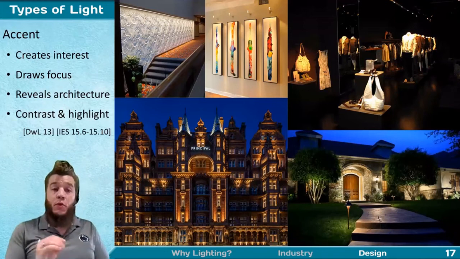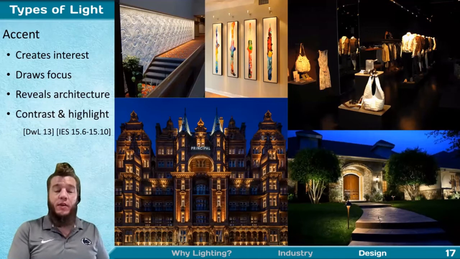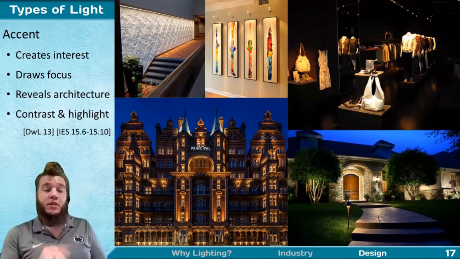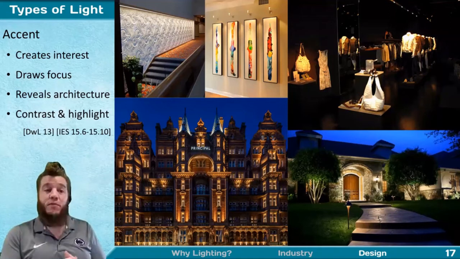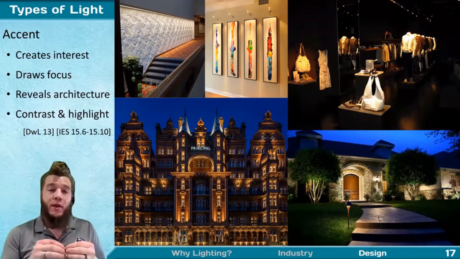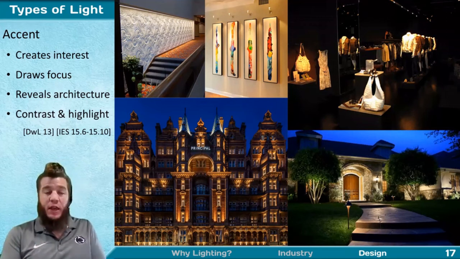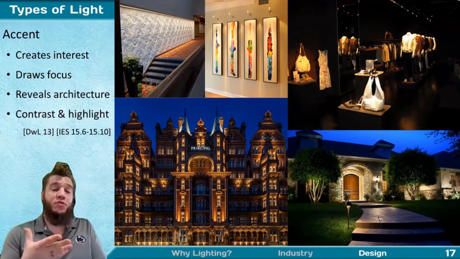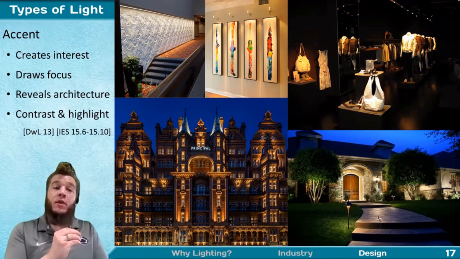The third type of light that is crucial to architectural lighting design is accent lighting. Accent lighting can take a lot of forms, and this is where you really get into the beauty of architecture. You can create interest, right? The contrast and the shadow of the facade of this building. You can draw focus.